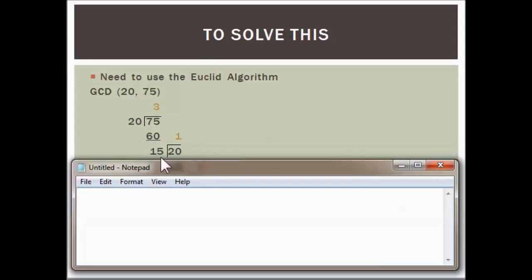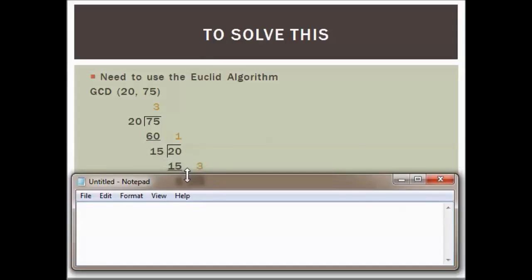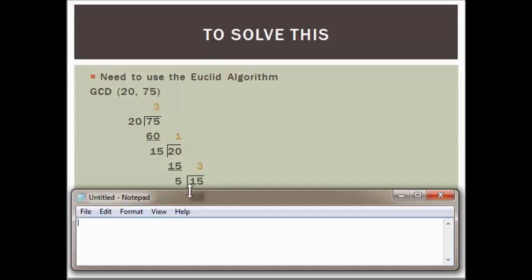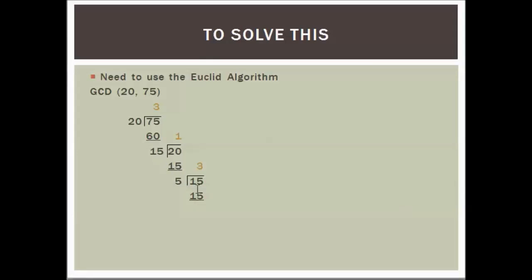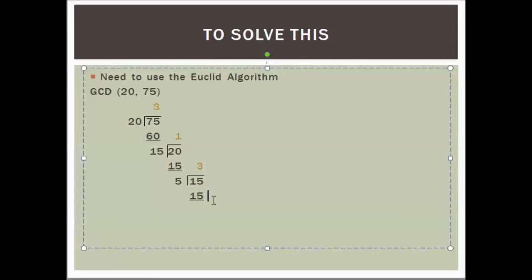So then we take this 15, that's the remainder or the modulo, and divide it into the divisor, the smaller number. So that goes 1 time, and it comes up with the remainder of 5. Then we take the remainder here, the modulo, and divide it again into the divisor, and it's even. It comes out to be 0. So the greatest common divisor is 5.